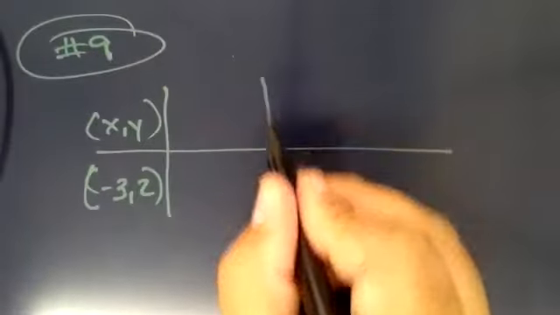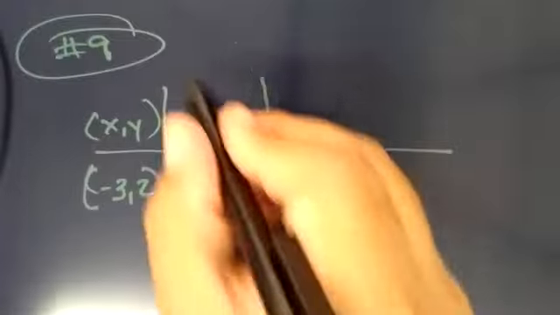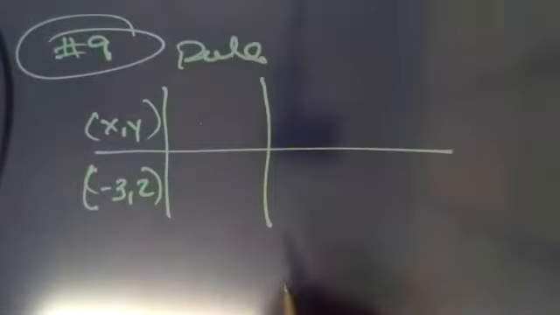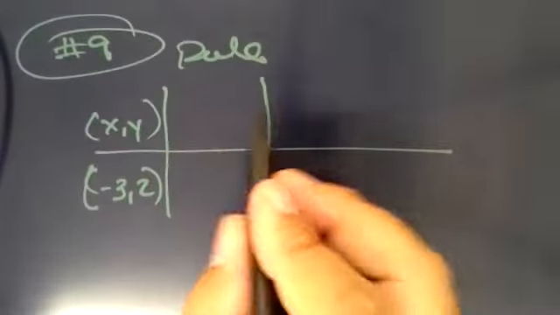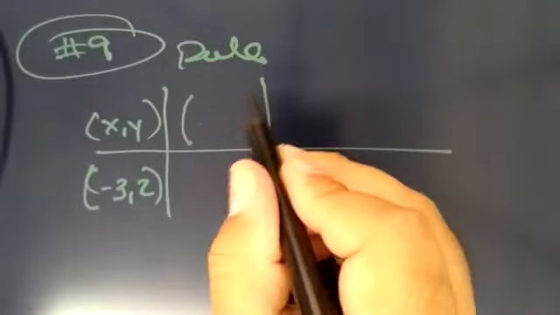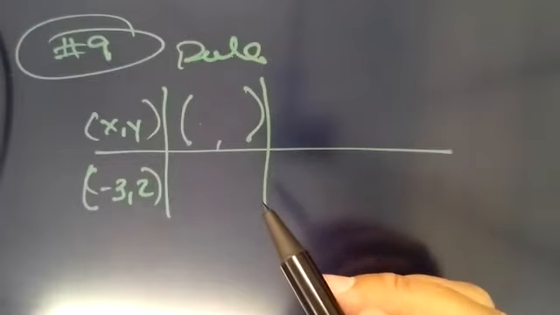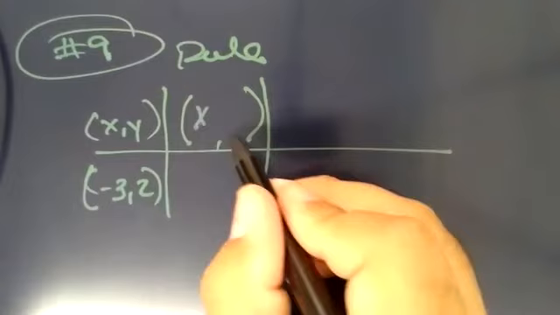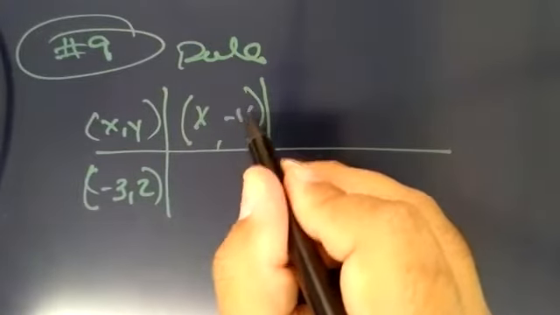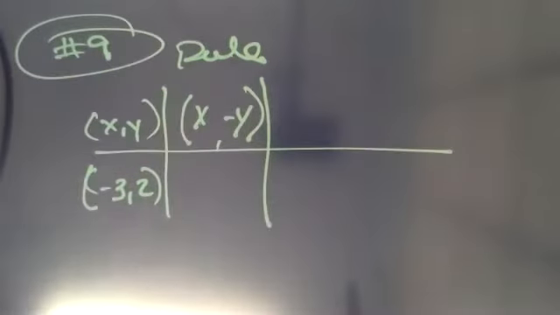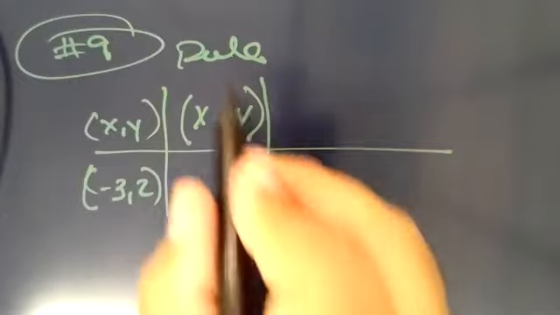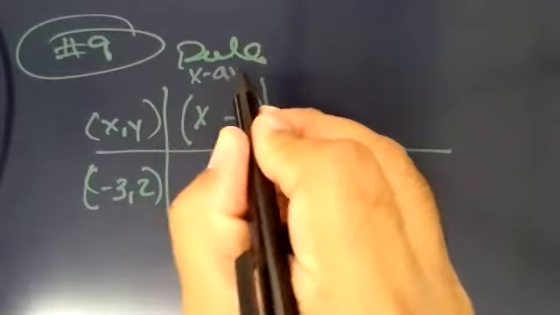And then if I tell you a reflection, so I'll write the rule up here, reflection over the x-axis. So if it's a reflection over the x-axis, my rule is going to be x comma negative y, I'm sorry. Okay, that's a reflection over the x-axis, and this is the x-axis.